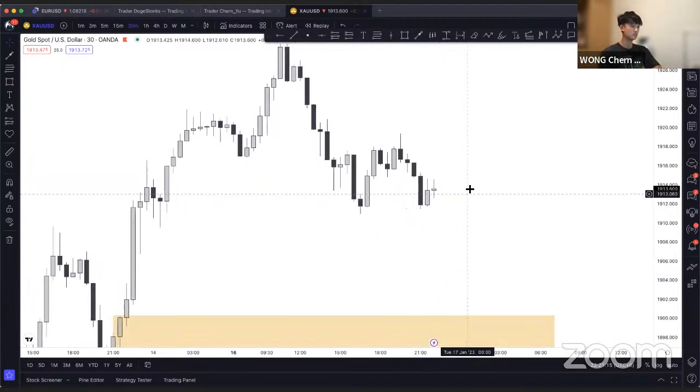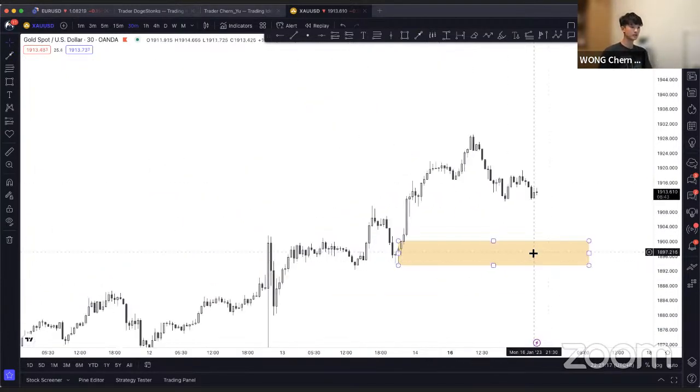And then we would be headed down to our zone at 1900. That is a very key zone, and it also ties in line with the psychological level at 1900, guys, okay? 1900. That is a psychological zone that we believe price can tap and rebound off that zone.